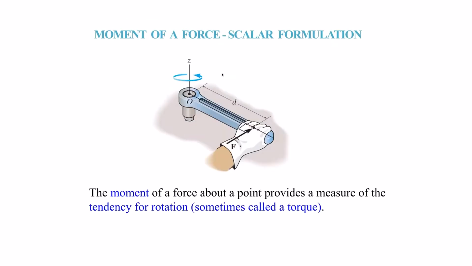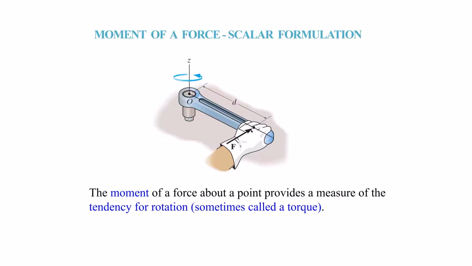As I was showing when we were talking about those examples, you can really think about it in terms of a wrench. You have a wrench connected to a bolt, and you push on the wrench, which causes the bolt to rotate and either turn in or turn out. How do we figure out the moment acting about this bolt? It's the distance times the force acting at a 90-degree angle.